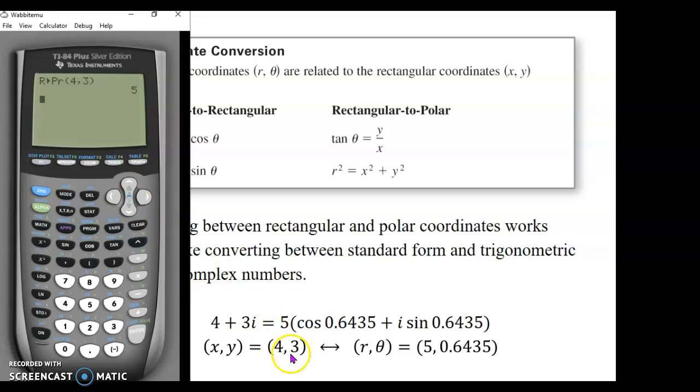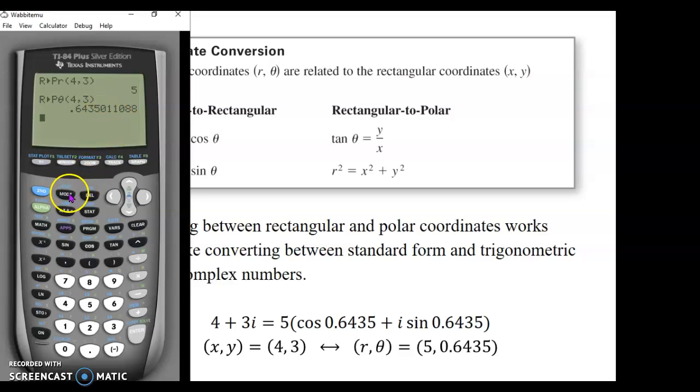And what comes up is 5. So the R of the polar coordinates is 5. And then if I go back to the angle menu and select 6, and again put in 4, 3, what comes up is 0.6435 approximately.